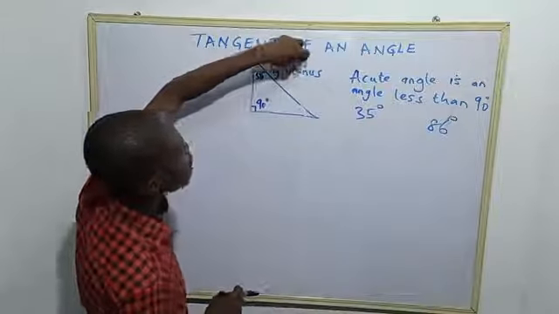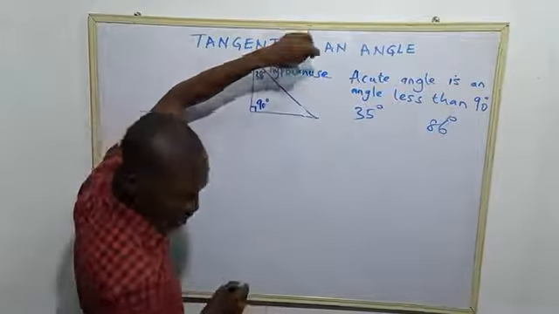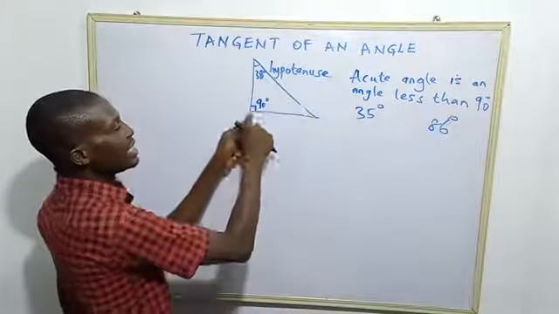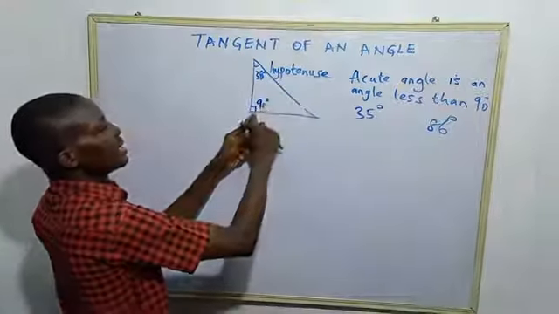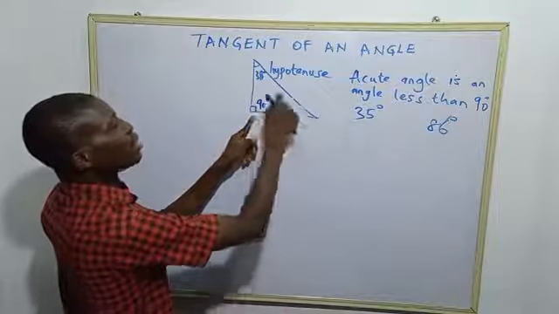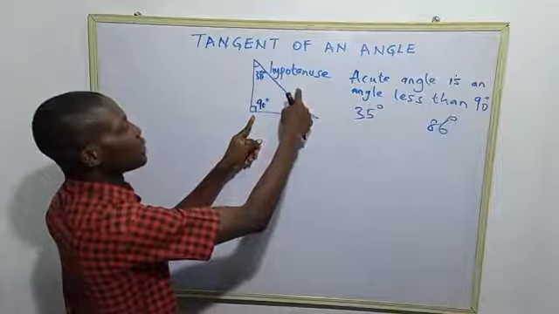I believe you get it. Any side that is facing the 90 degree, the box, in a right angled triangle, they call it hypotenuse.